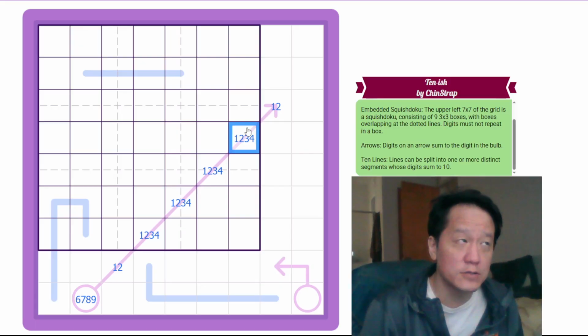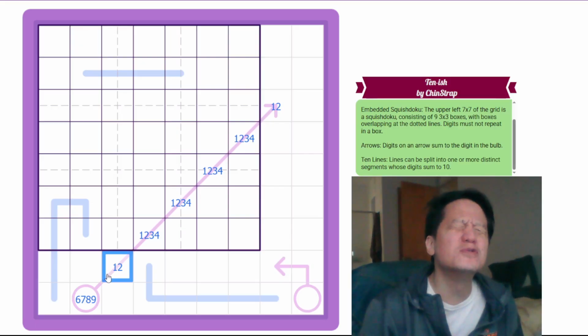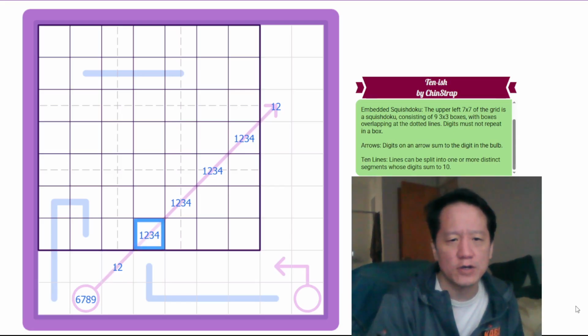That would be 8, which could be with 1 and 1. So that's potentially possible. 4, 1, 2, 1. No. 4, 1, 2, 1 adds up to 8 plus 1 and 1. So this cannot be 4 here.